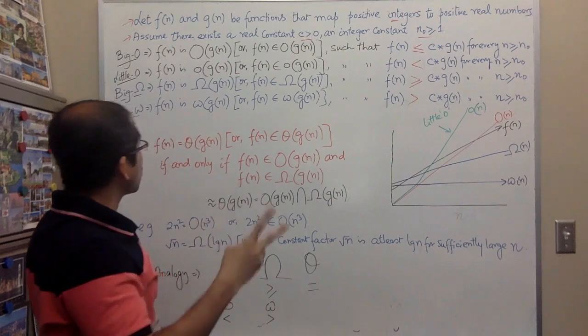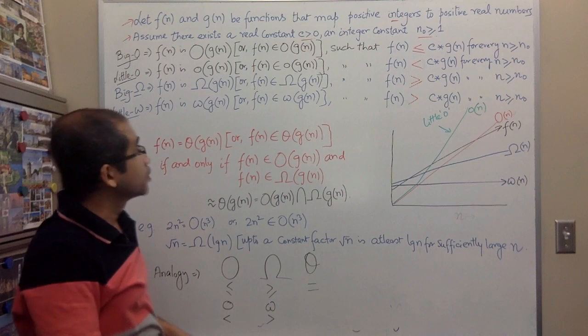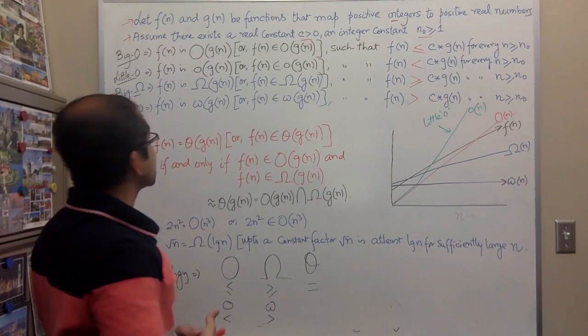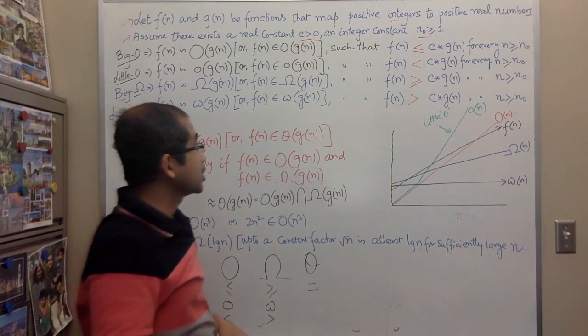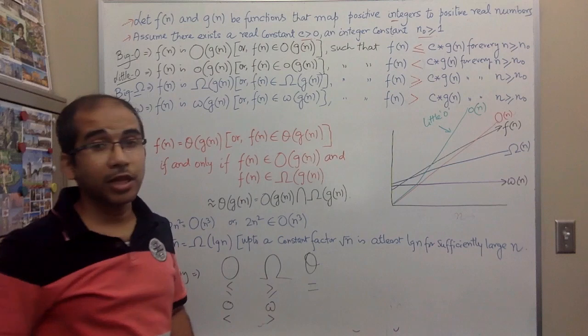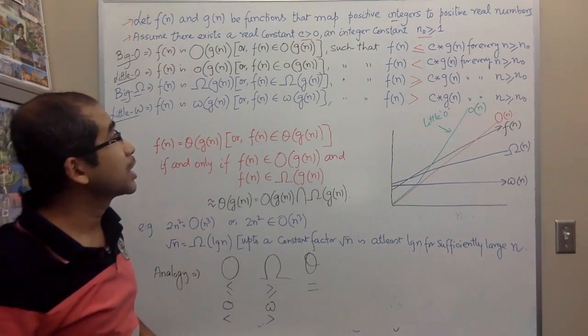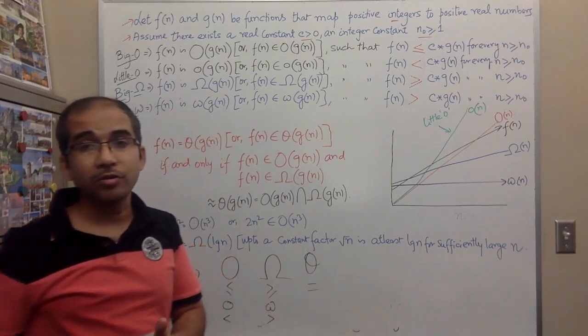So there are two constants. There are two functions F(n) and G(n). They map positive integers to positive real numbers, and two constants c greater than 0 and n0 greater than or equal to 1. Now why do we say that F(n) and G(n) are mapping positive to positive?